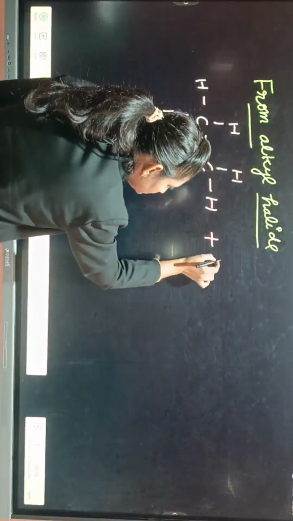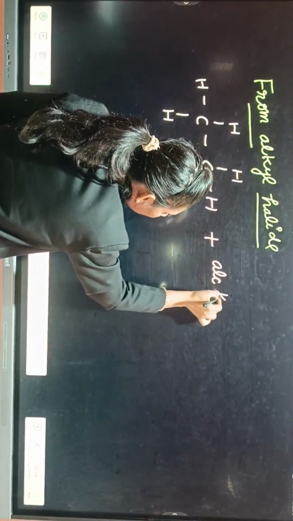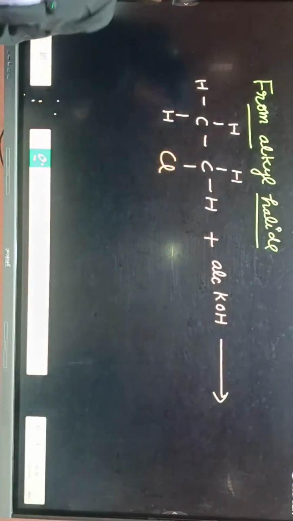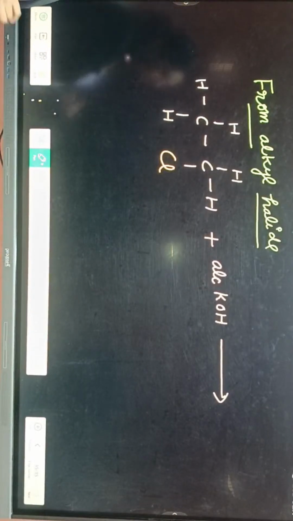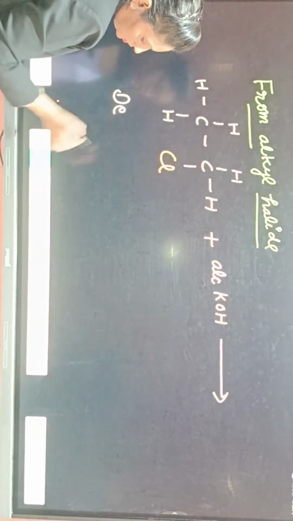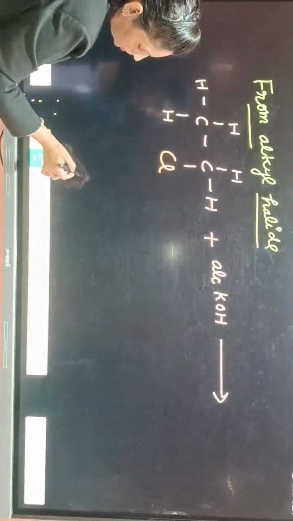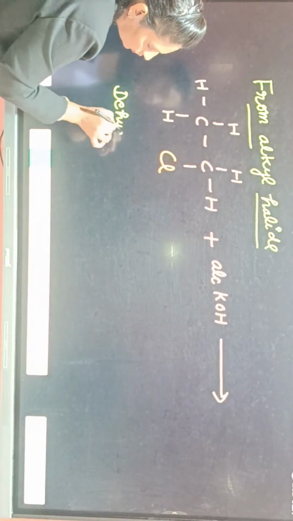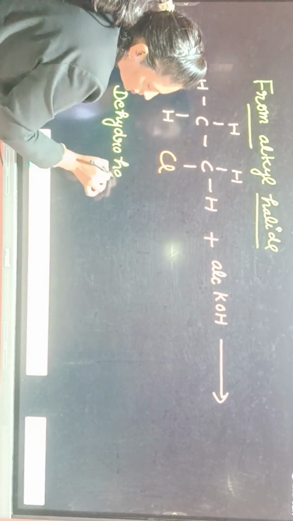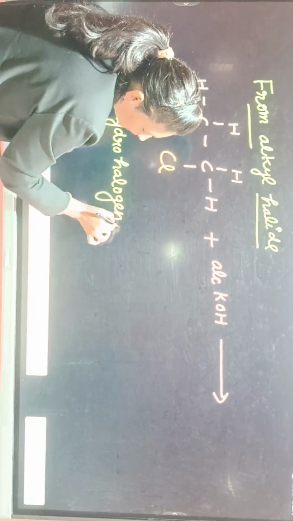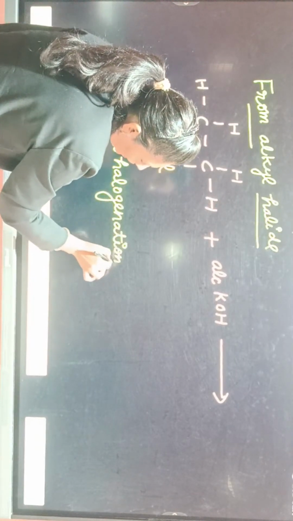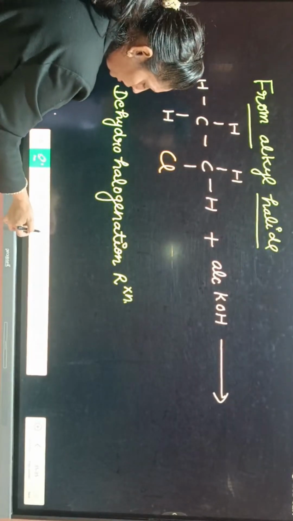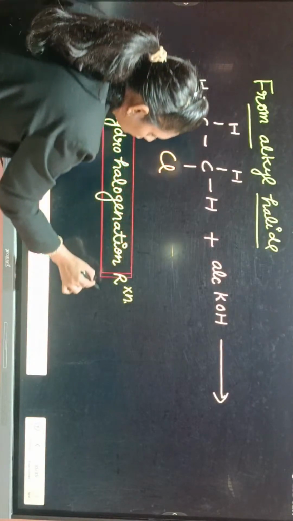If we do the reaction in the presence of alcoholic KOH, then what will happen? A dehydrohalogenation reaction takes place. What do we mean by dehydrohalogenation?